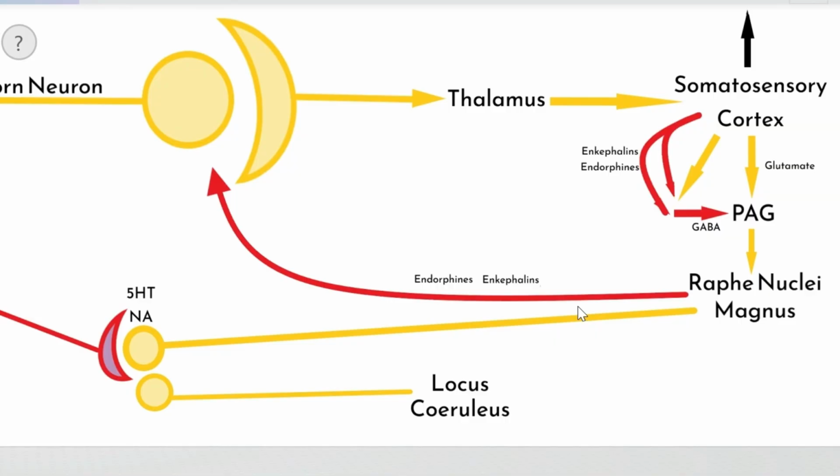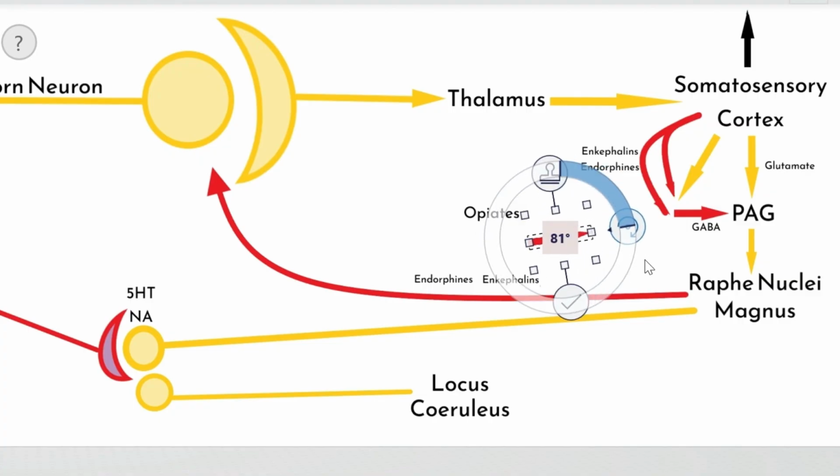Kappa and delta receptors are less widespread, they're more limited. So you'll generally find them acting on these sorts of pathways here. And essentially, they just act as agonists on these receptors here, enhancing this pathway and preventing pain much earlier and much more successfully than your body would allow for.